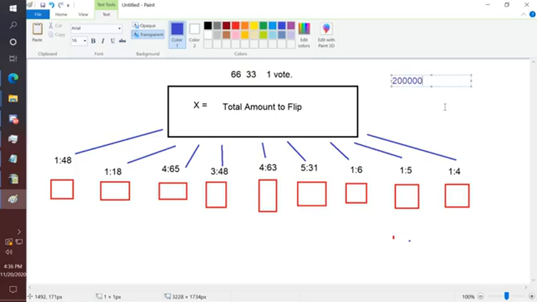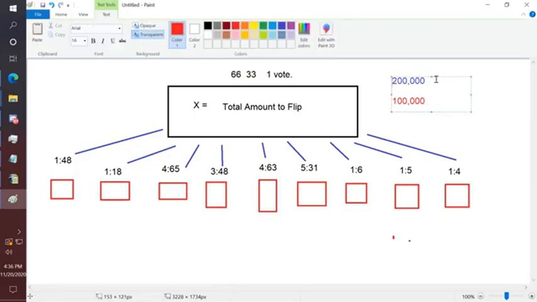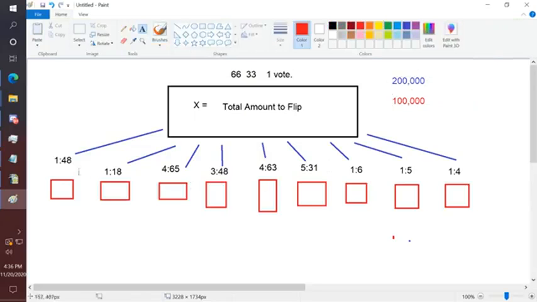He needs 200,000 votes. And Trump needs 100,000 votes. This is how it needs to change the margins. So it redistributes the numbers 200,000 and 100,000 into these boxes in accordance to these 9 ratios.